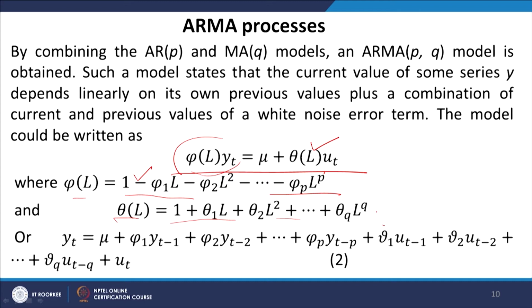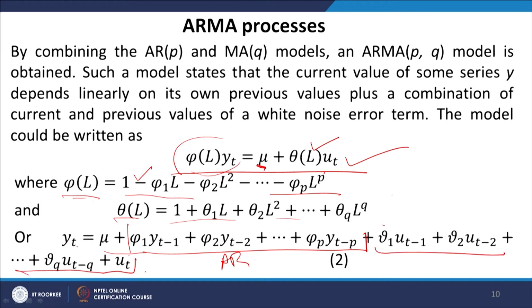First I wrote it in terms of the lag operator, now I am expanding it. So, what I have is y_t equals mu, which is the constant term, plus the lag operator terms brought back to the right hand side, that is the AR components, and then we have the MA components. So, this is an ARMA(p,q) process.